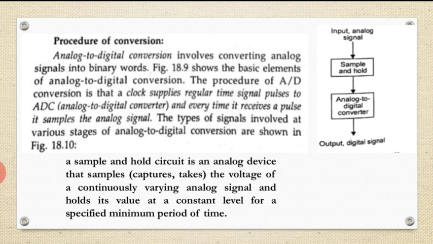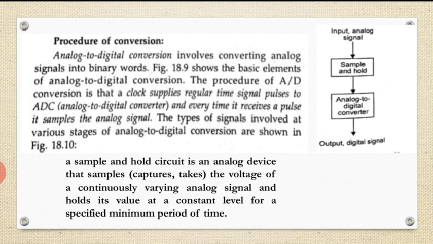The sample and hold circuit is an analog device that samples or captures the voltage of a continuously varying analog signal and holds its value at a constant level for a specified minimum period of time.